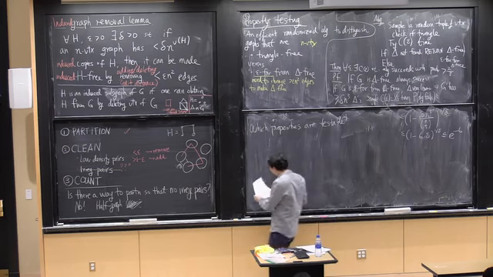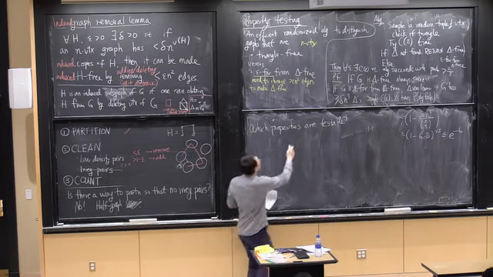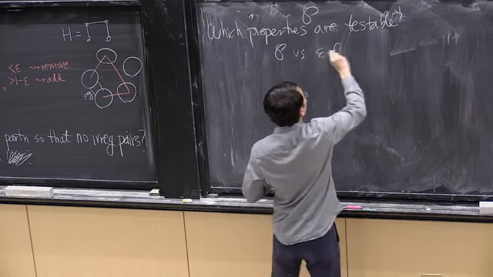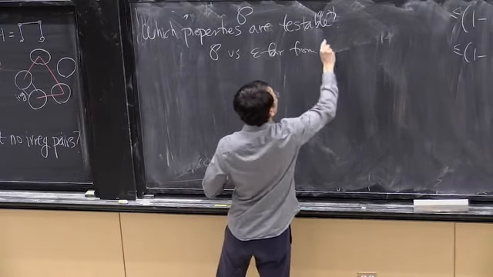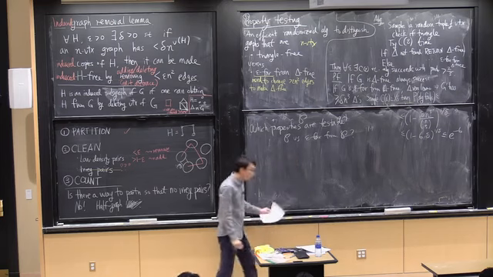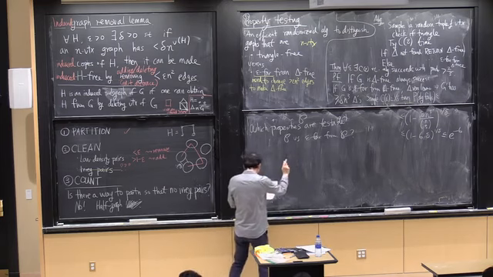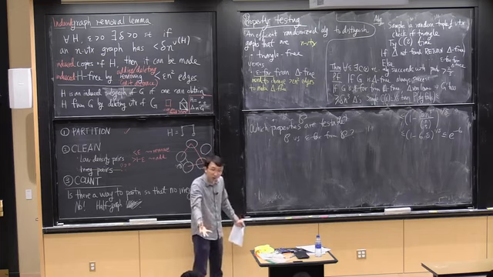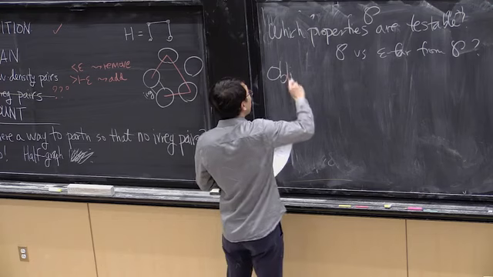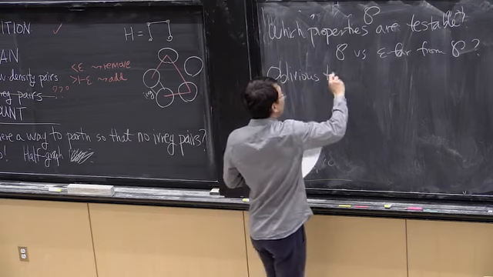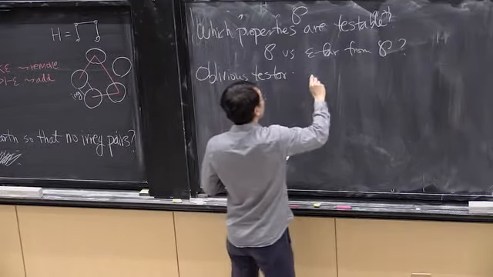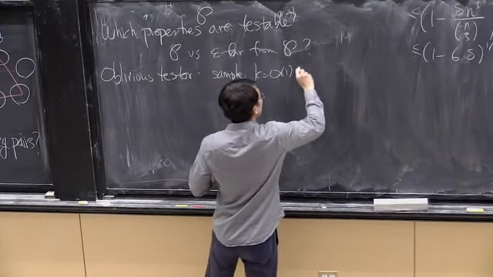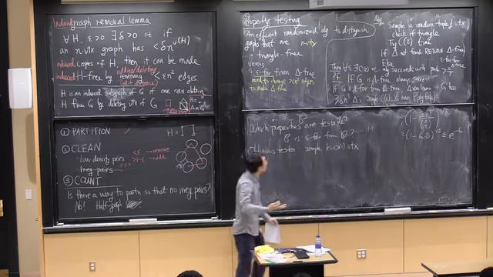So distinguishing something which has the property P versus epsilon far from this property P. And you have this tester, which is you sample some number of vertices. So this is called the oblivious tester. So you sample k vertices, and you try to see if it has that property.